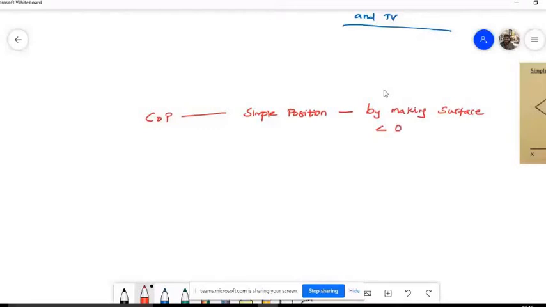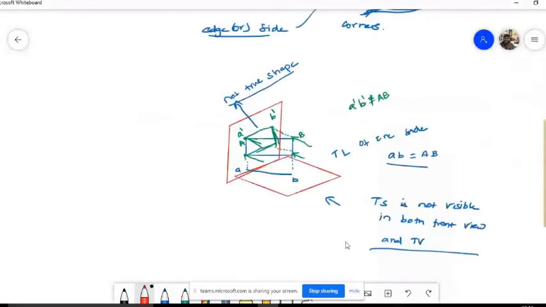By making the surface inclination 0, if you draw the front view and top view, that particular drawing is called the simple position. For instance, let's take this case as an example. Here the inclination of the surface is, say, alpha. If you make alpha equal to 0, what will happen?